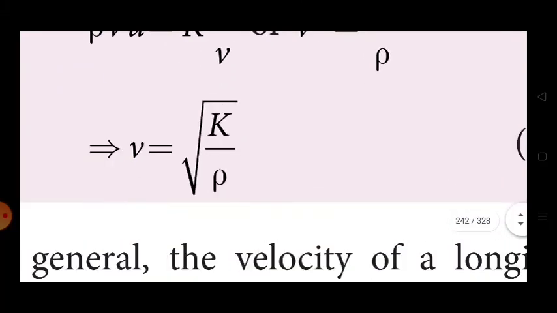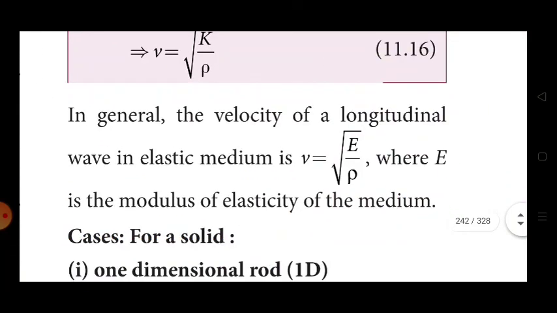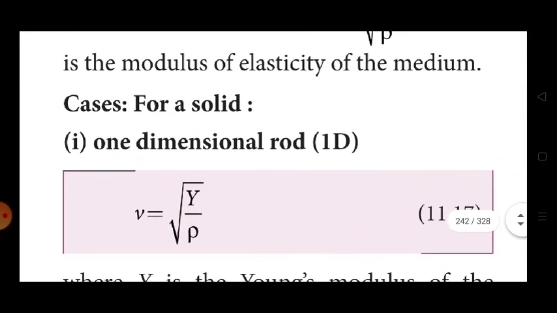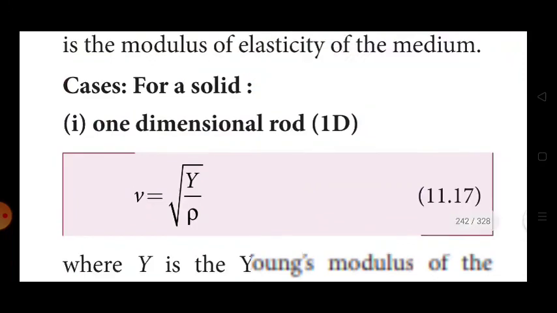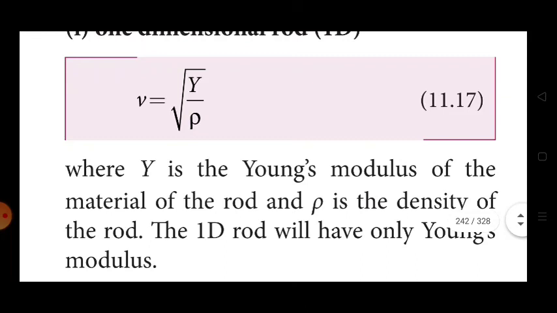In general, the velocity of the longitudinal wave in an elastic medium is v is equal to root of E by rho, where E is the modulus of elasticity of the medium. For a solid one-dimensional rod, v is equal to root of Y by rho. Here Y is the Young's modulus of the rod and rho is the density of the rod.